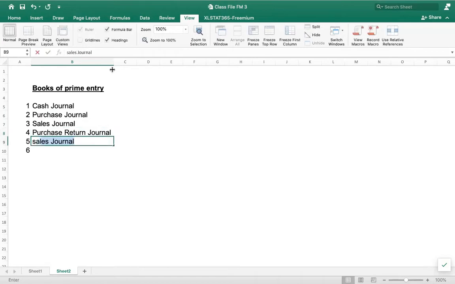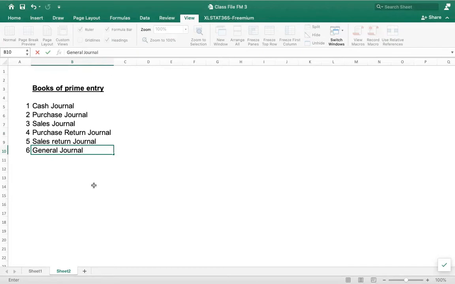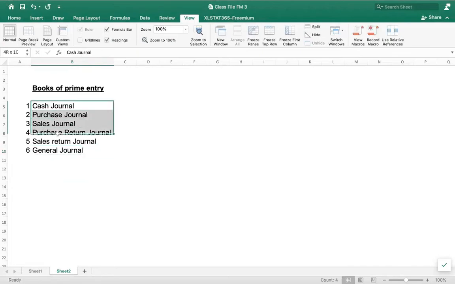Then sales return journal, isn't it? Yes. Sales return journal. And after that we have general journal, or you can call it nominal also.